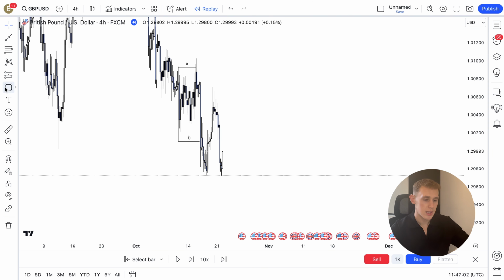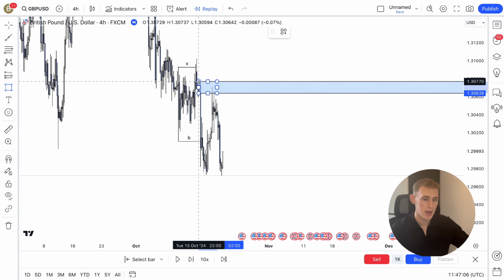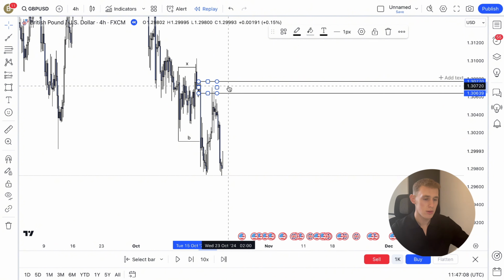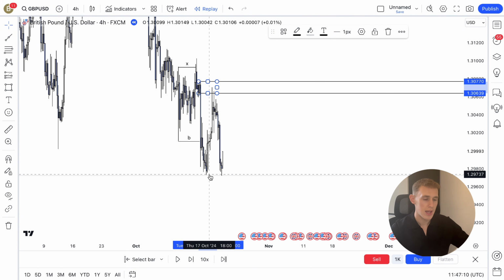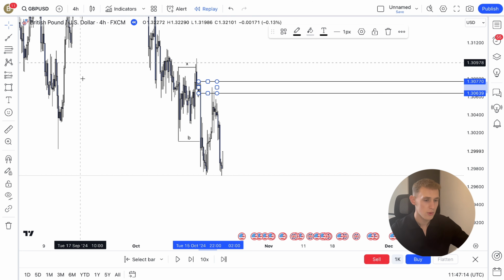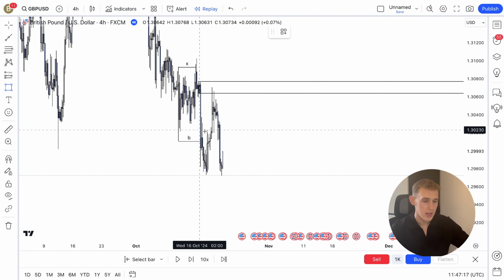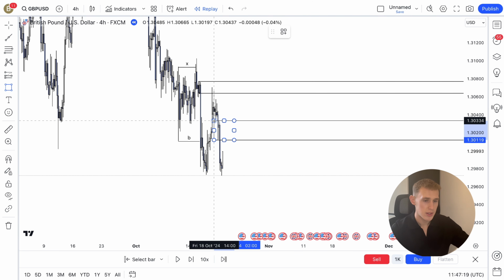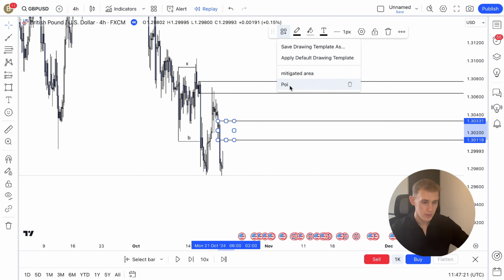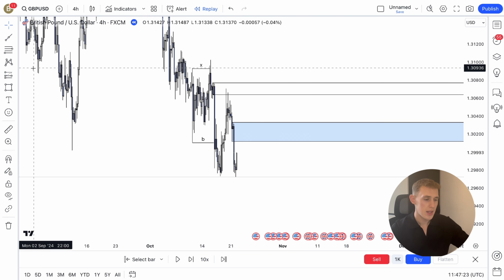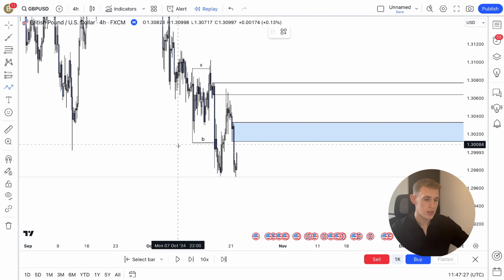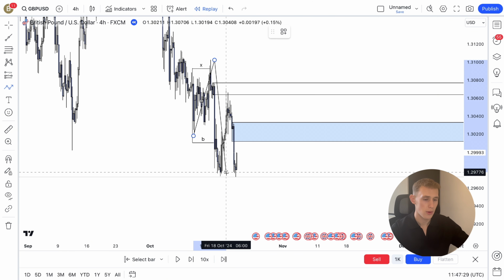What we can see is that price retraced, reacted from this sort of supply zone up here, pushed towards the lows, but formed equal lows right here, didn't quite manage to sweep the low. So what I'm looking for now is a pullback, and what I noticed was that we had this very clean level of supply. So I was looking for something like this, where we've now had price create that break of structure on the 4 hour.